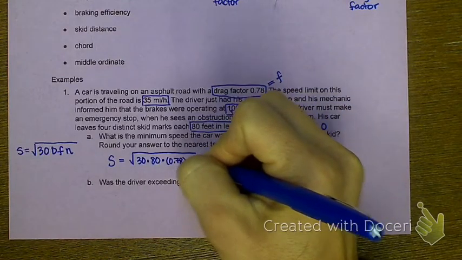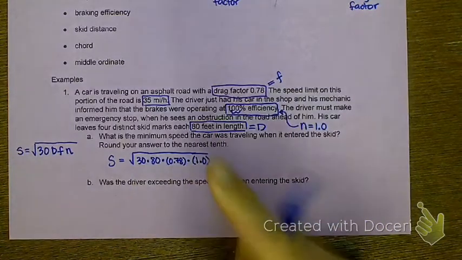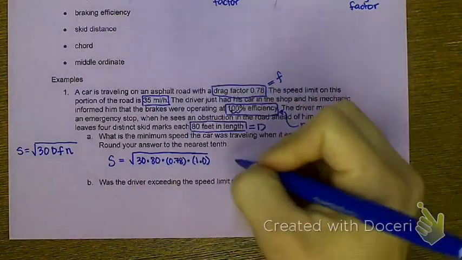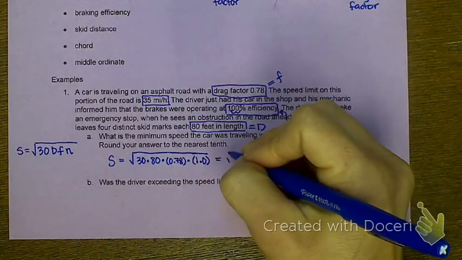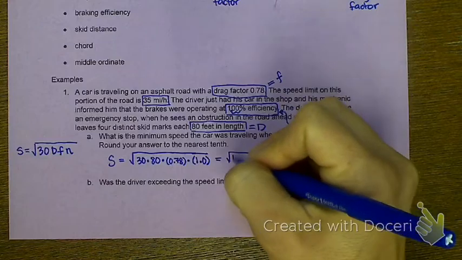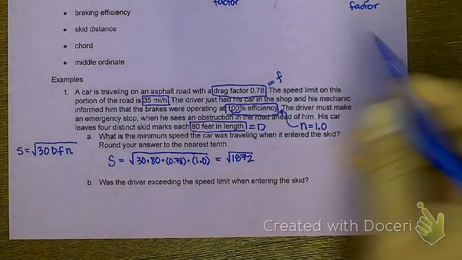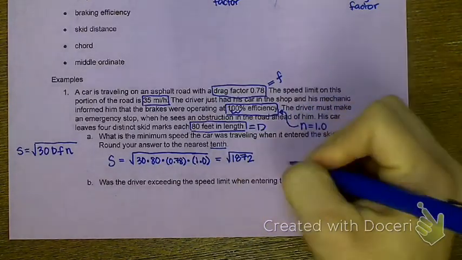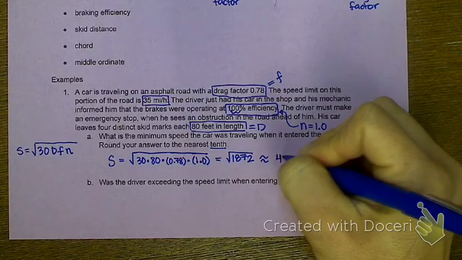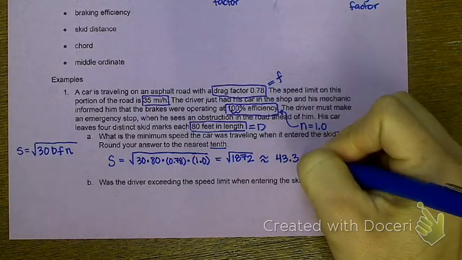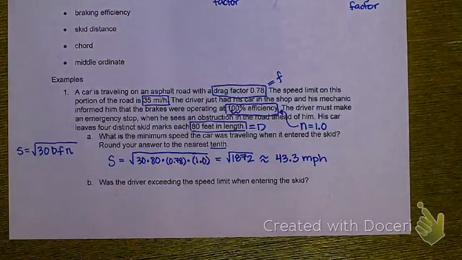So we're gonna go ahead and multiply all these things and then take the square root, okay? So when we do that, I believe inside we get the square root of 1,872, and it said round your answer to the nearest tenth, so that means one number after the decimal place, so we're going to go ahead and round that to 43.3, and this is our speed, so we're talking about miles per hour. So this would be your answer here.